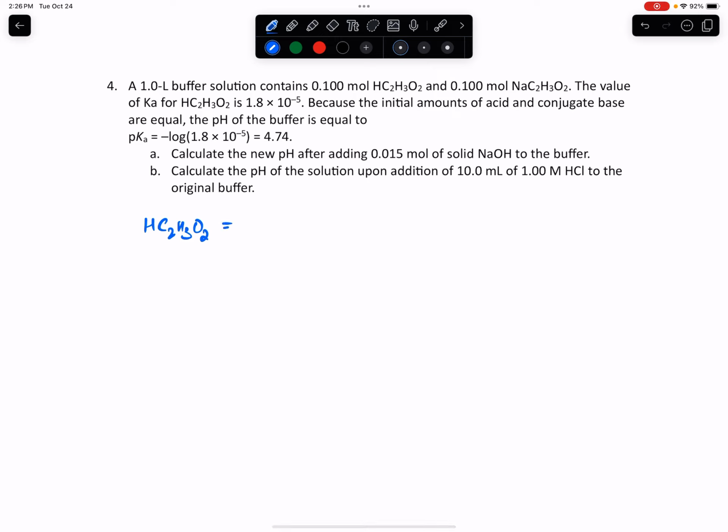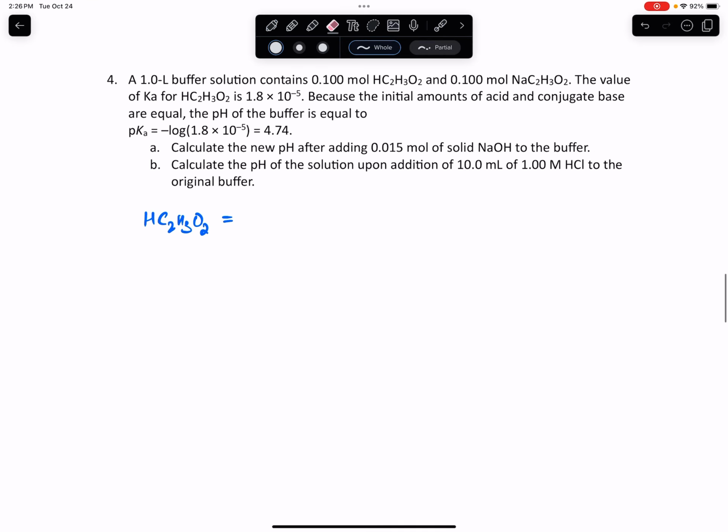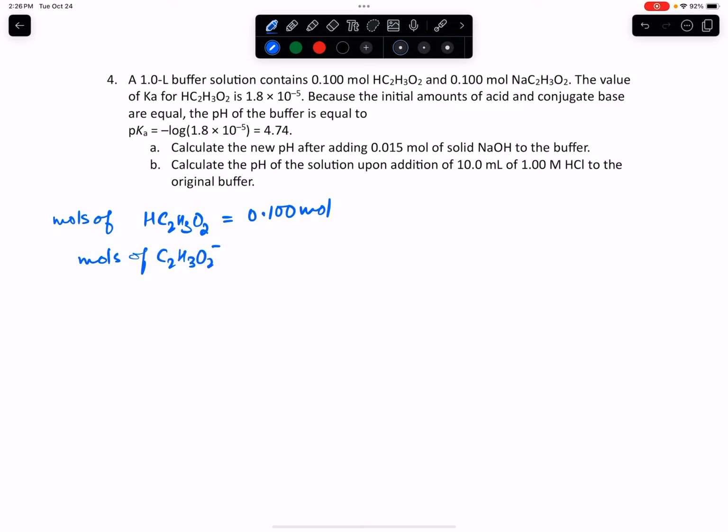So moles of acid is equal to 0.100, and moles of base, which should be the conjugate base, C2H3O2 minus, is equal to 0.100 moles.